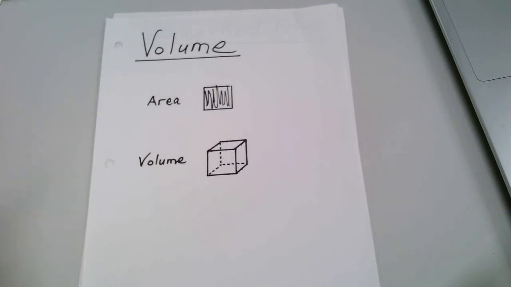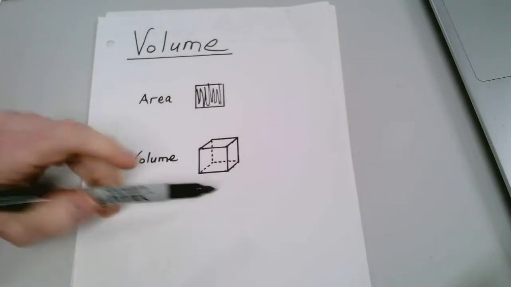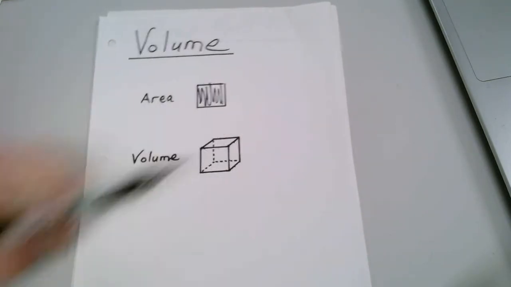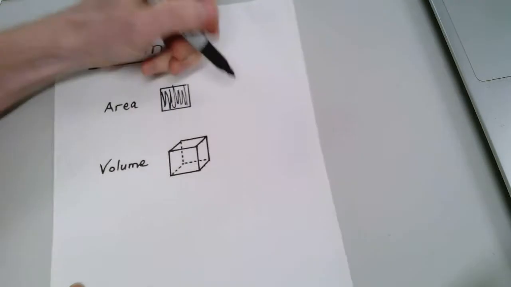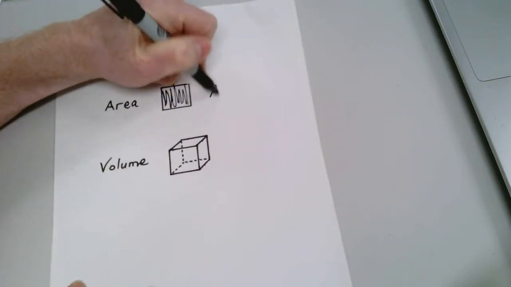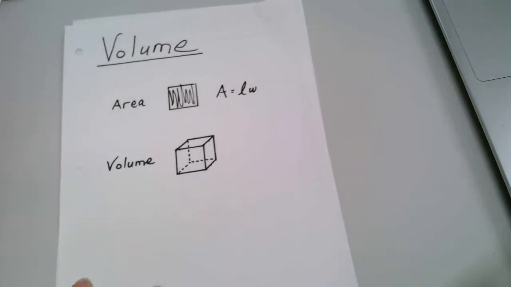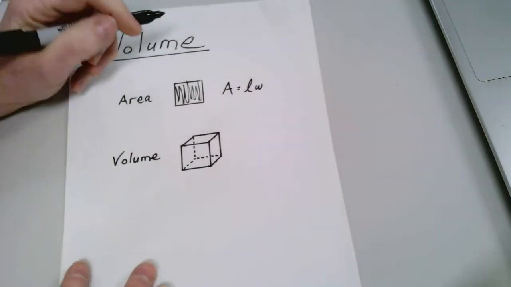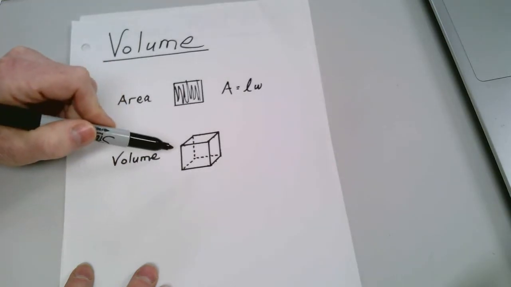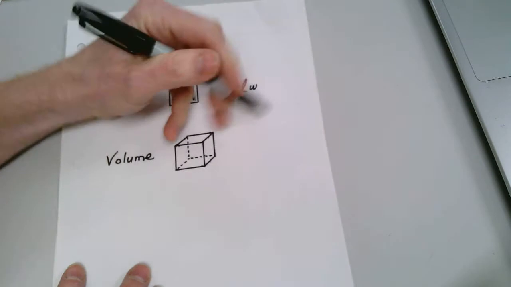So volume has a length, a width, and a height. When we did area before, we said the area of a square or a rectangle would be length times width, or side times side. Now to find volume, it's similar, but there's one extra dimension, so there's one extra step that's actually involved.